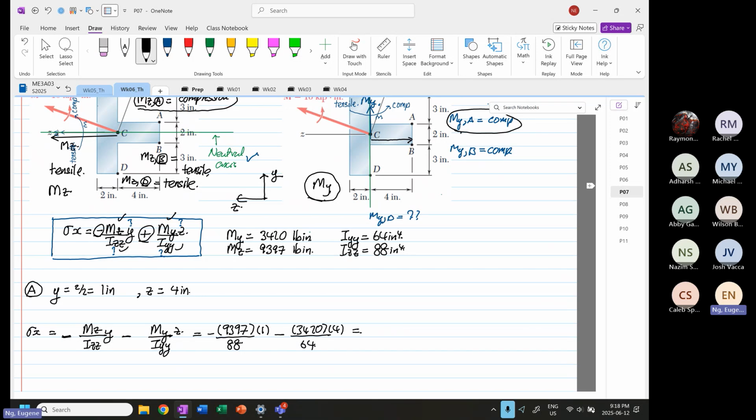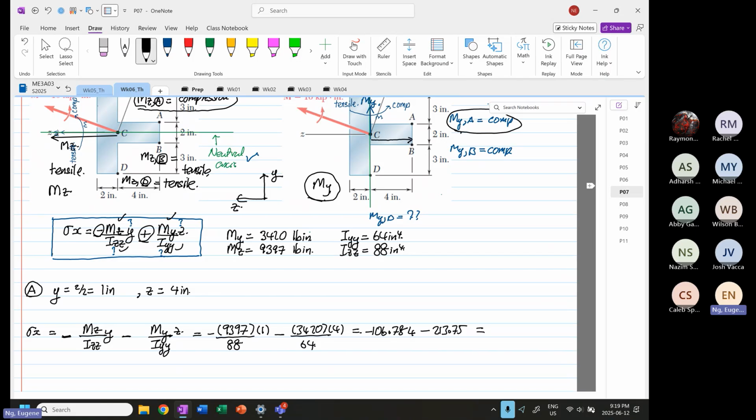9397 divided by 88 is equal to minus 106.784. And then minus 3420 times 4 divided by 64, minus 213.75.